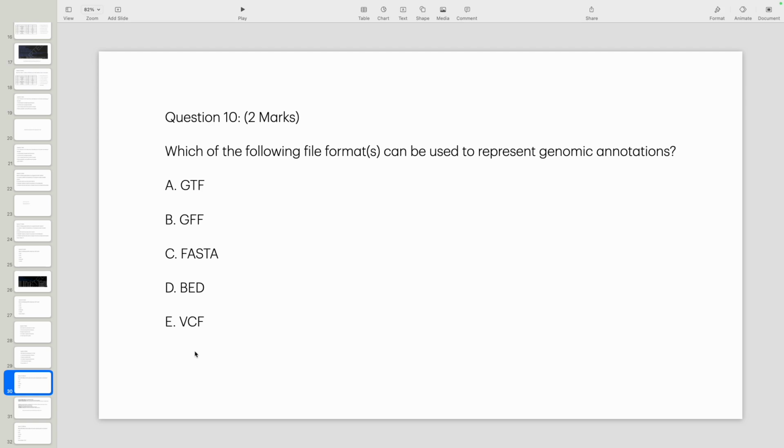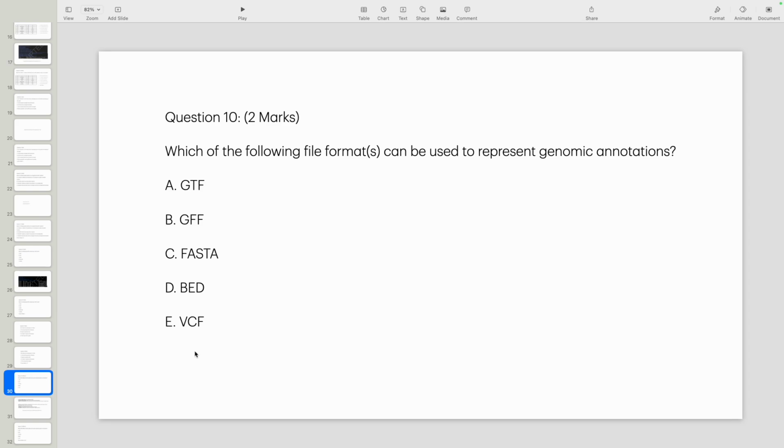Are there other options that might be correct apart from A, B and D? The correct options are A, B and D: the GTF file, GFF file and BED.